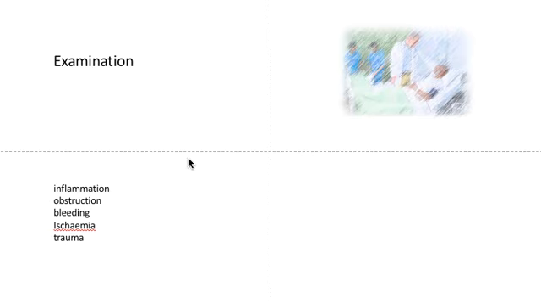And whether it's localized or generalized: if you have localized right hypochondrial tenderness and Murphy's sign is positive, then you're telling, okay, it is acute cholecystitis, or right iliac fossa tenderness, it's appendicitis. But if you have generalized tenderness, then of course you have to think of generalized peritonitis.